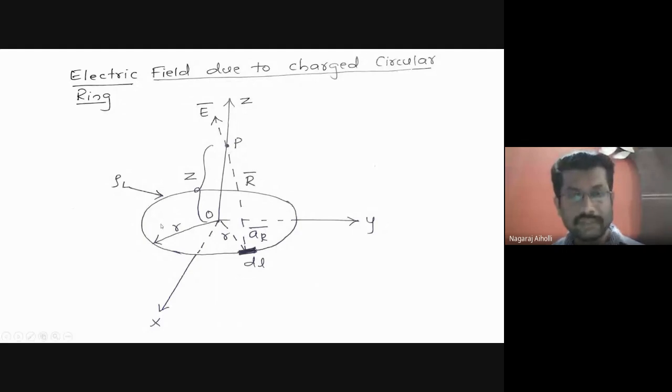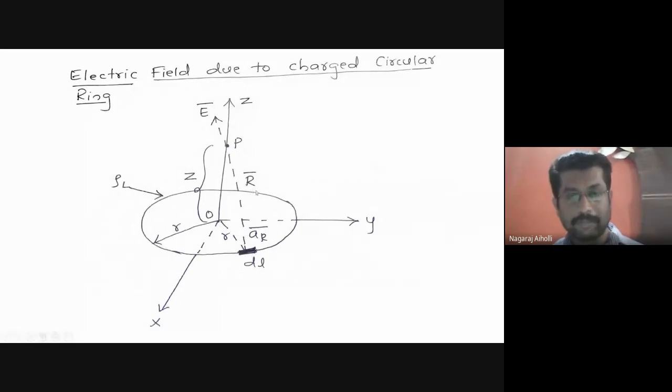The radius of this ring is small r. Then this is Z, the distance from the origin to the point P of consideration. The distance between this elemental length dl and the point P is capital R bar. Note that small r is our radius and capital R is the distance between point P and the elemental length.